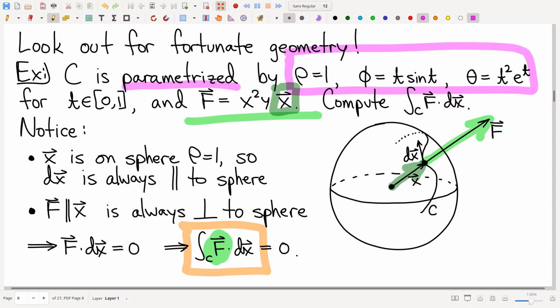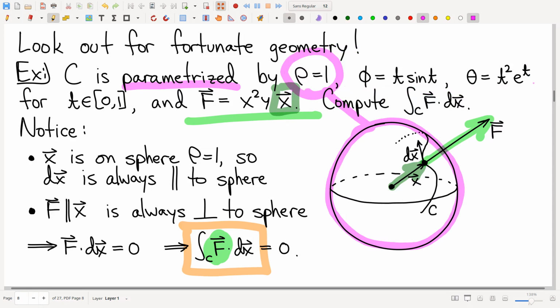So the x, y, and z is even uglier than this. So that said, a convenient observation to make is that, this can be as ugly as it wants, but rho is always 1. That means that my curve, however wacky, is always on the surface of the sphere. And if my curve is always on the surface of the sphere, then the direction that I'm going is always tangent to the surface of the sphere. Is everybody okay with that part?